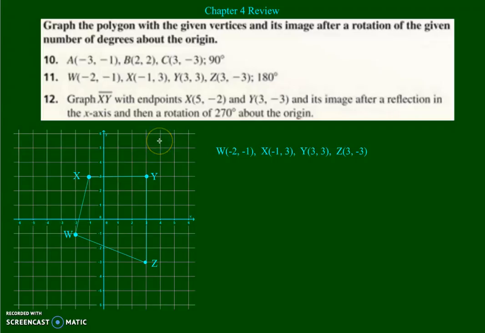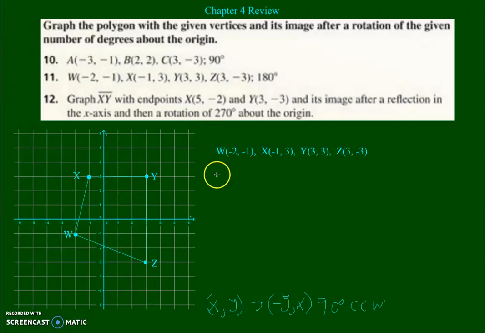So again, let's go ahead and write our transformation. It's x, y goes to -y, x. So that's a 90 degree counterclockwise rotation.